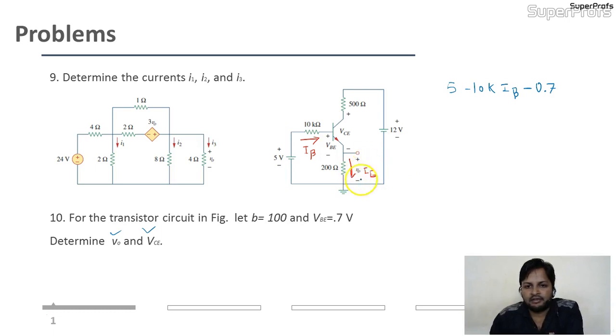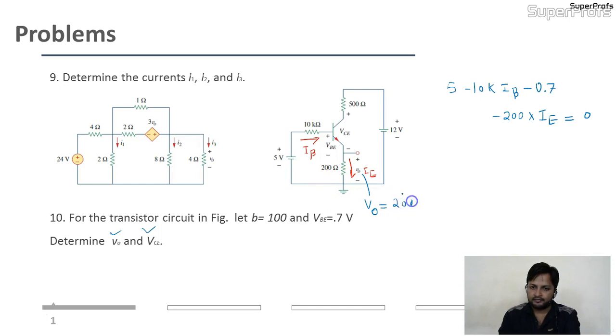Here the voltage drop is 200 into IE, equal to 0. Is it okay? Now, can we find the value of IE? If we find IE, then V0 is nothing but 200 multiplied by IE. This V0 is this one, right?